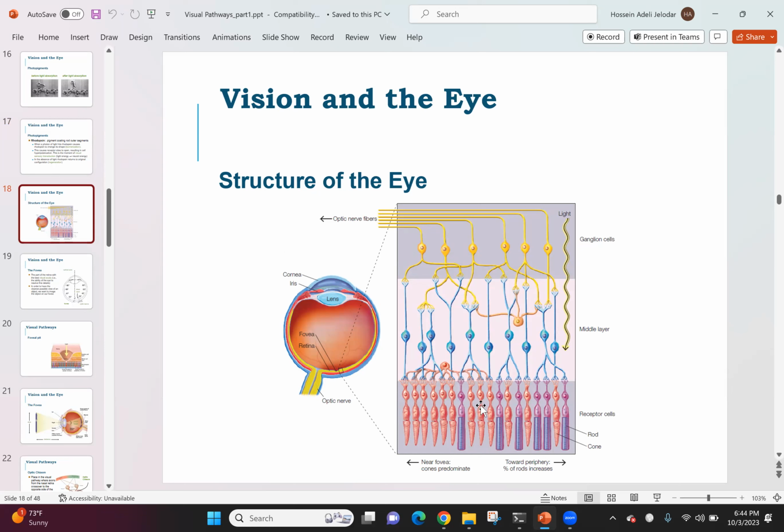So the photoreceptors are constantly active. They have a baseline activity. It means that they fire at a certain rate. The middle layer cells are firing at a certain rate, and the ganglion cells are also firing at a certain rate. And the light changes the makeup of how the action potentials happen.